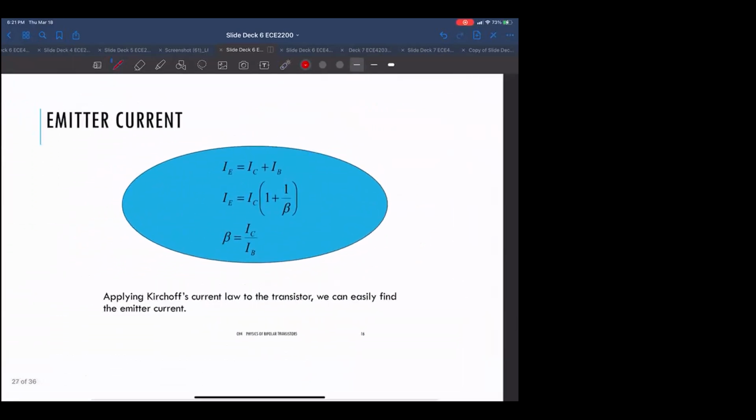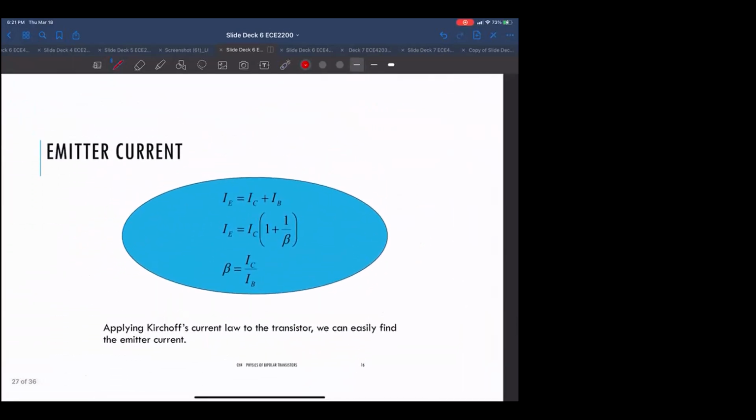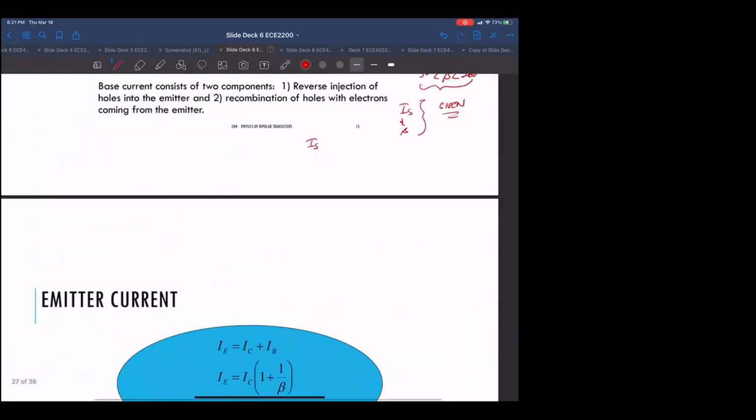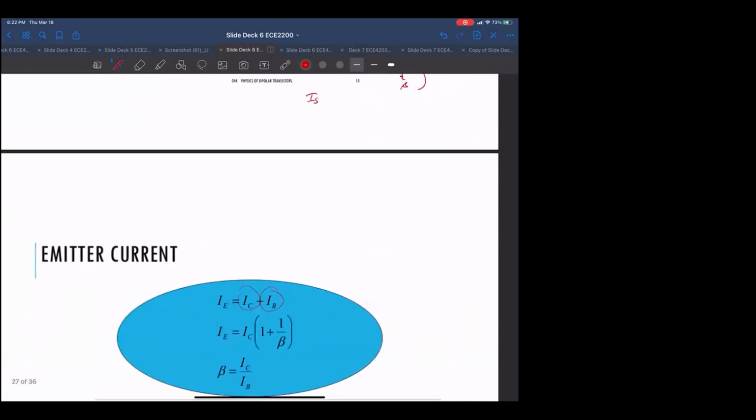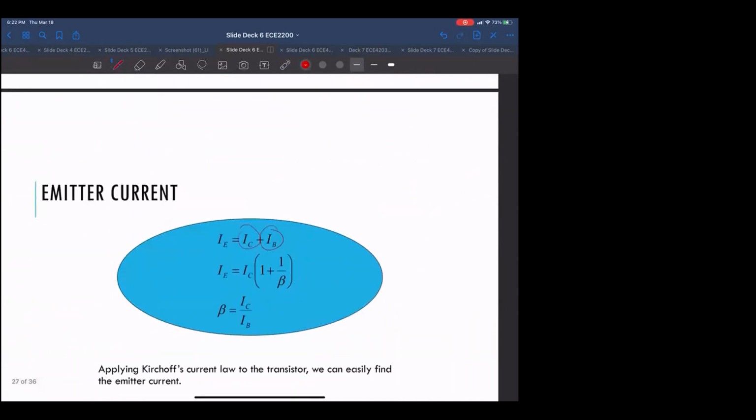Okay, so the emitter current is basically just the sum of the collector and the base current. This is the base current.